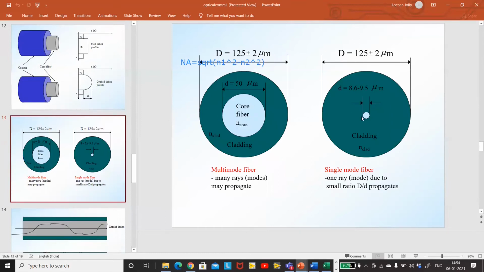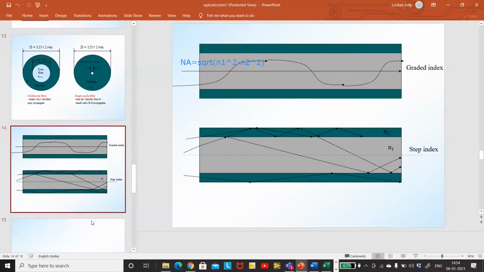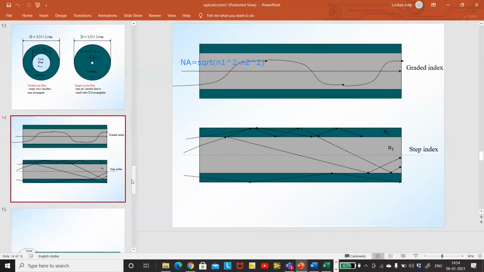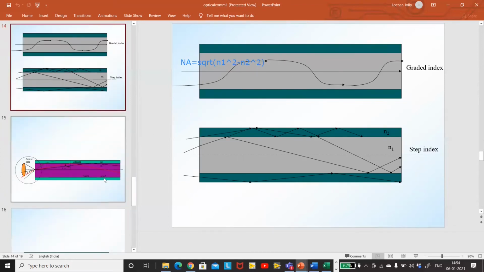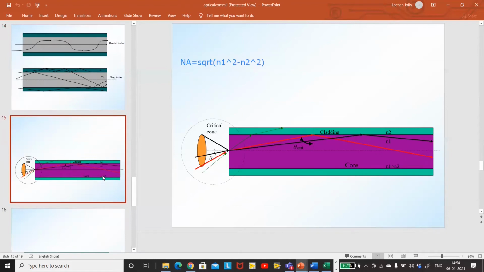The other classification is single mode fiber and multi-mode fiber. Single mode fibers are used for long distance communication because here the losses are minimum and interference is minimum as compared to multi-mode fibers. So this is just a representation of how the signal is traveling. Then I also introduced how we can have an improved coupling efficiency by increasing the numerical aperture.